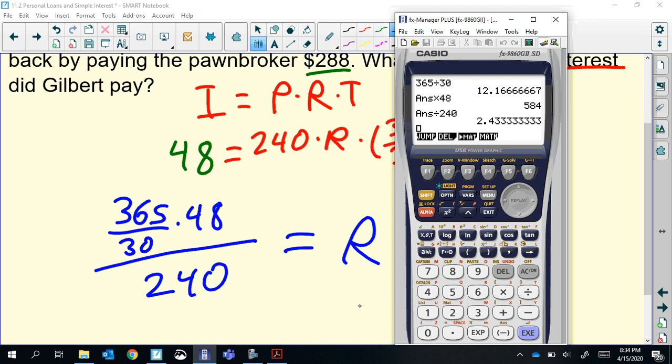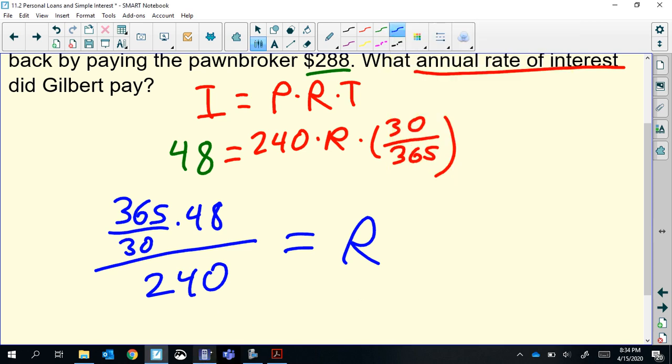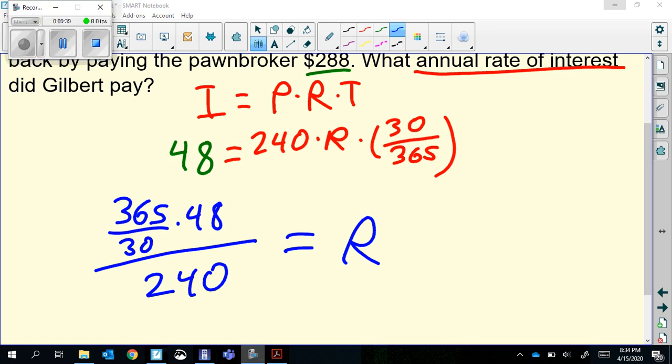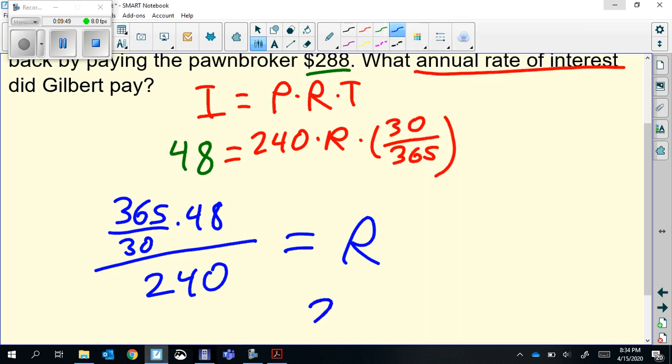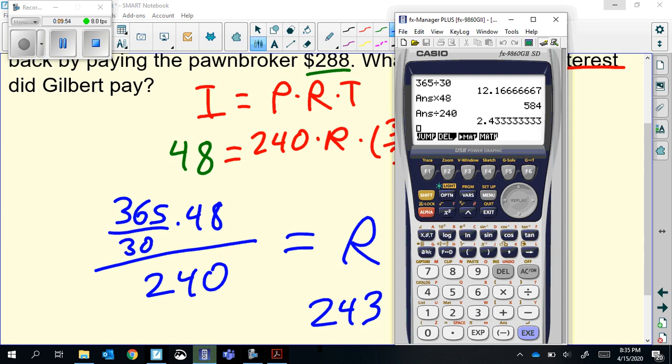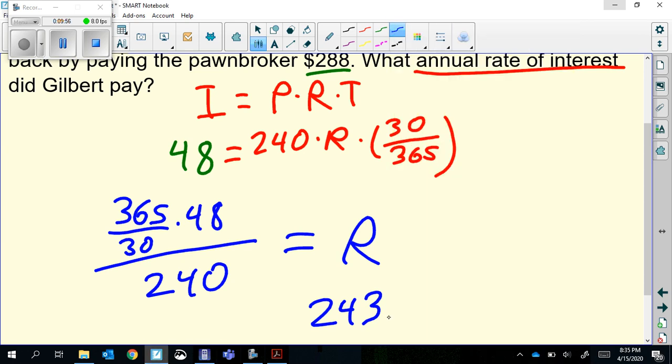So here we have kind of a weird answer. We'll put it back in context. Changing that to a percentage, I'm going to move it 2 places. That's 243.3 repeating, percent.